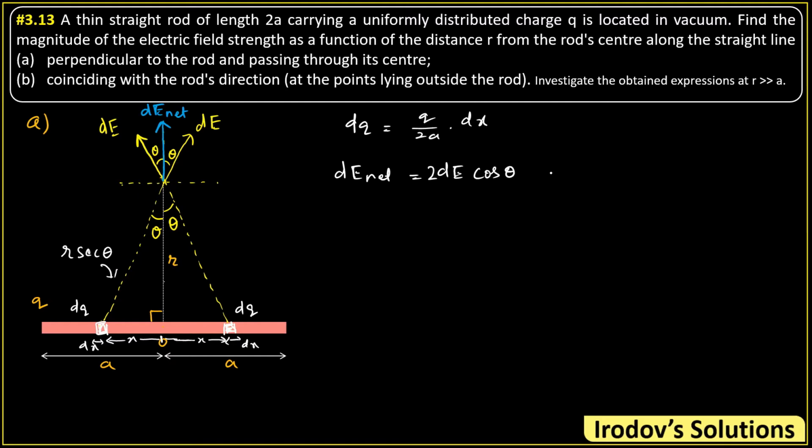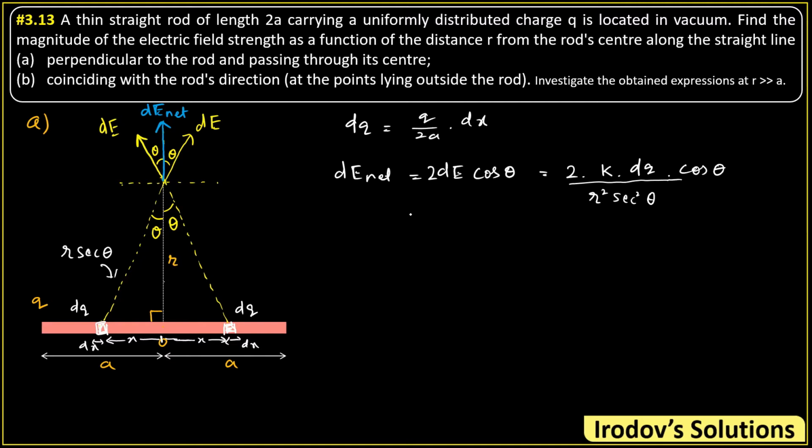So dE naught is equal to k, the value of k I'll write later, k dq divided by the square of the distance. The distance from dq to that point is r sec theta, and the square is r square sec square theta. And then there is a cos theta.